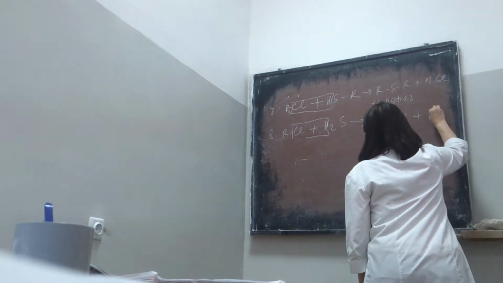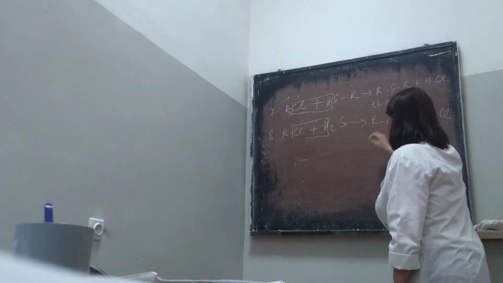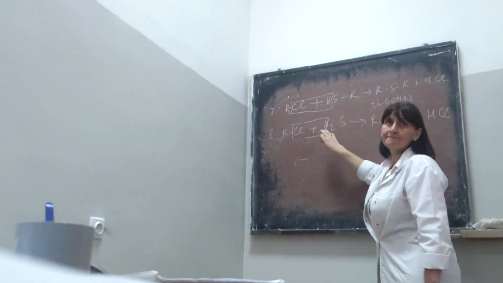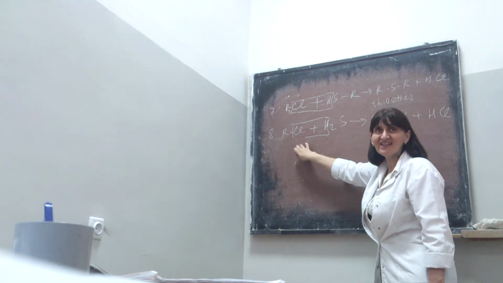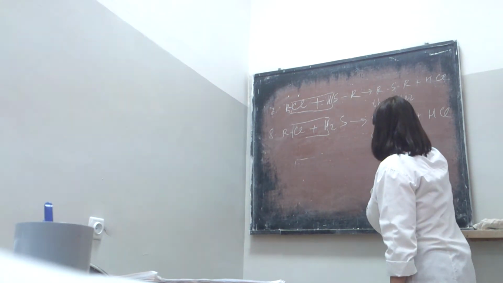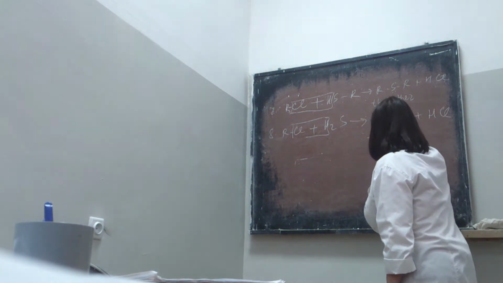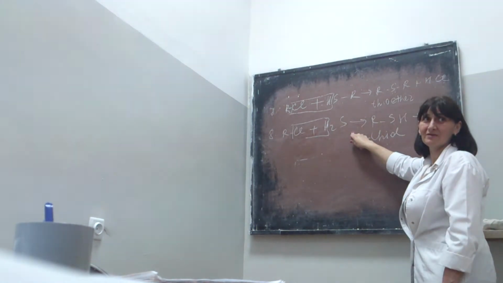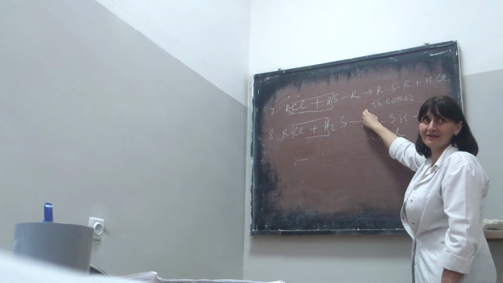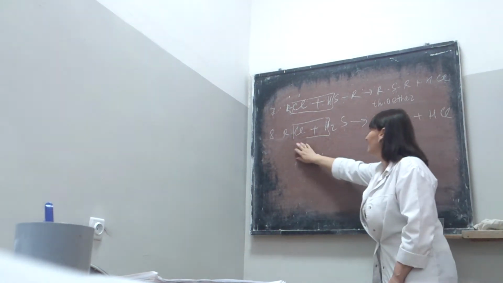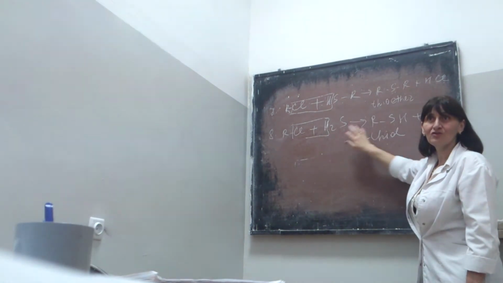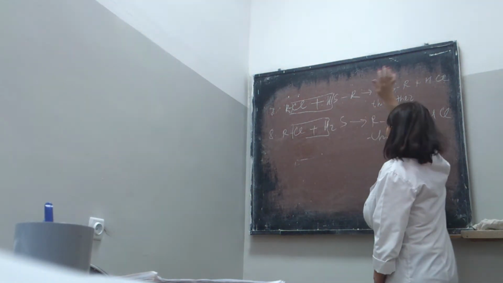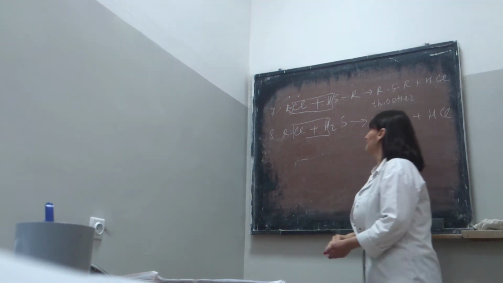So if you take directly the acid hydrogen sulfide and alkyl halide, you get thiol. It was better if this reaction had been number 7 and this one number 8. Once again, alkyl halide and hydrogen sulfide, you get thiol. If you take alkyl halide and thiol, you get thioether. It's like water and alcohol.